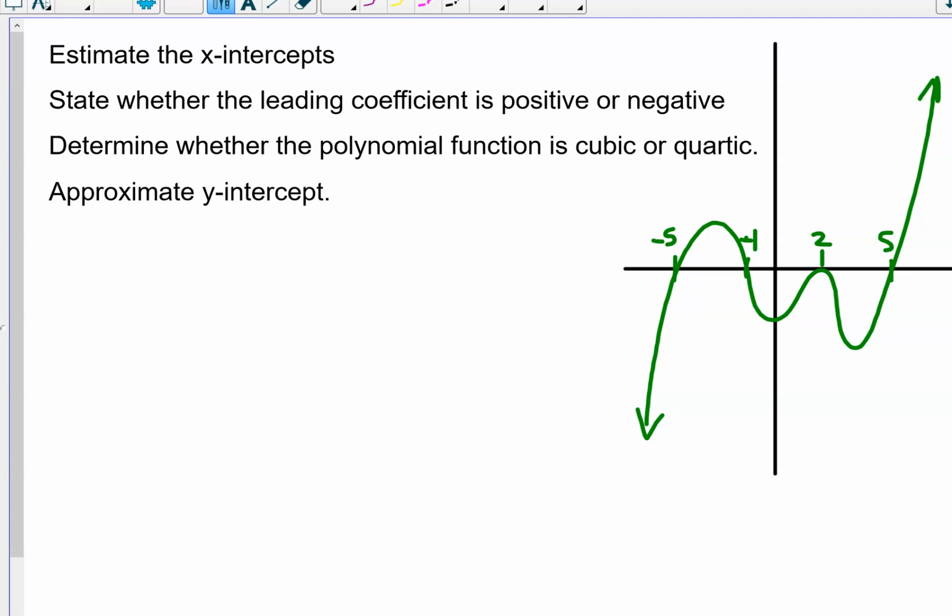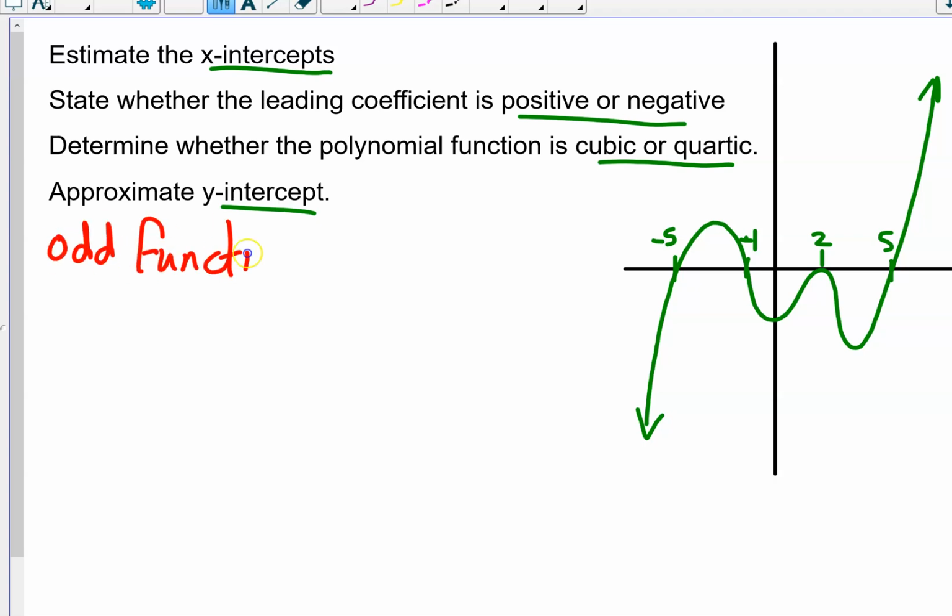All right, so let's take a look at the next one here. Estimate the x-intercept. We're doing the same thing: x-intercept, positive or negative, quartic, cubic, and the y-intercept. Because the ends are different, we know that this is an odd function, because the ends are opposite.